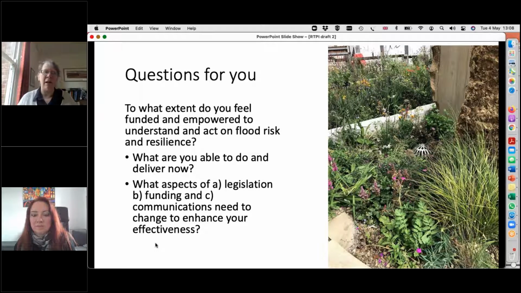Because at the moment, the research I'm doing has the chance to take messages to DEFRA and to Ofwat, the funding for the water companies, to say, look, we need changes in this way to help people work together better. And I think the more we can draw on your real experiences, the better.